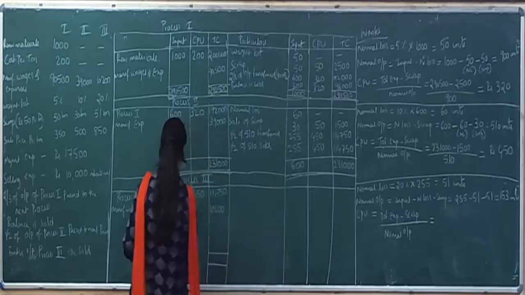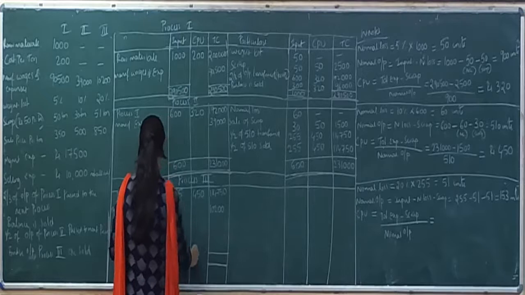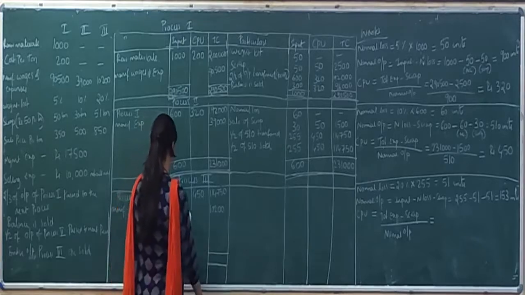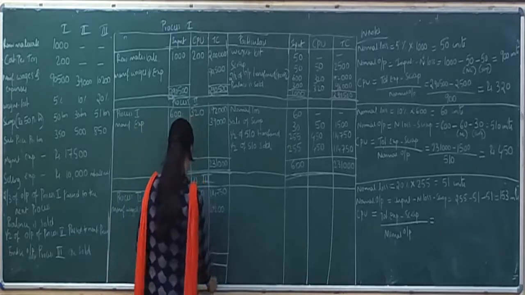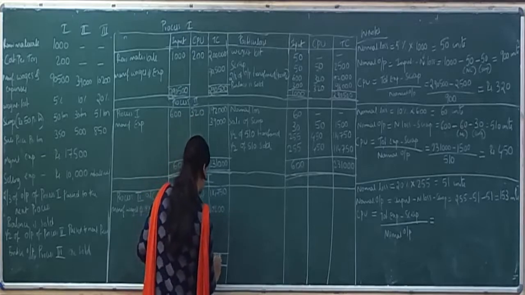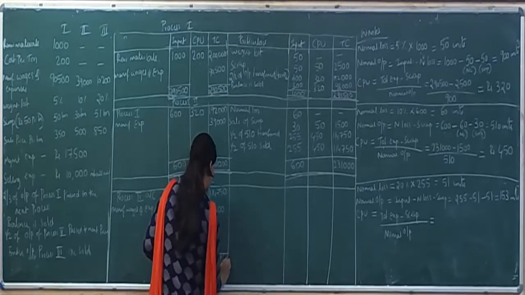So make a total of this side. That is 1,24,950.